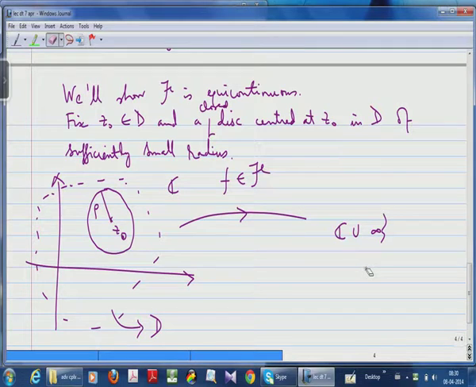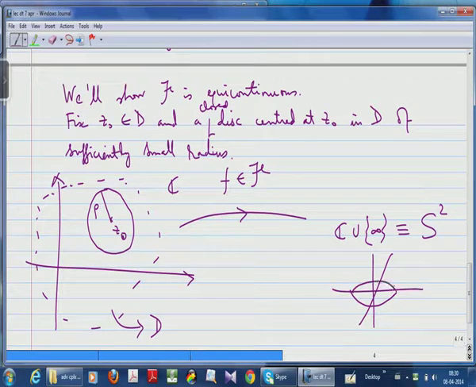This is just S2, the real 2-sphere in real 3-space, radius 1 centered at the origin. So this is the Riemann sphere, and this infinity corresponds to the north pole. So your function is taking values on the Riemann sphere. That is how you should think about it.